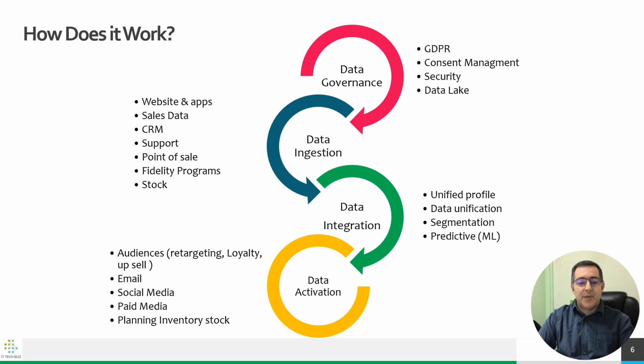And then we have data activation. Data activation is the one thing that all businesses want. Why is that? Because you can have audience, and we are losing the cookies.